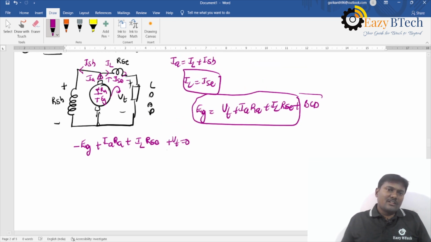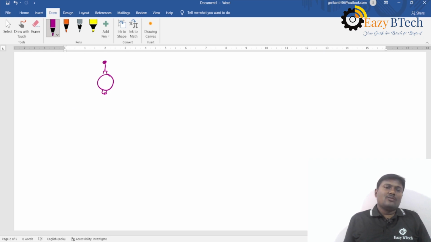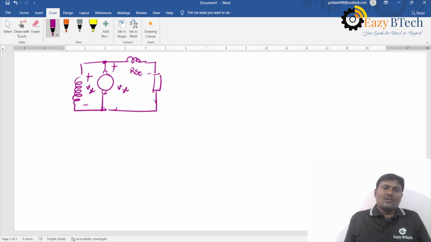But what is the potential at this point? The potential at this point is not VT. You should calculate that. So this is the armature. The voltage across the shunt field winding, you can assume, is Vx. Find out the Vx value. So this is a series field winding RSC, and this one is the load.